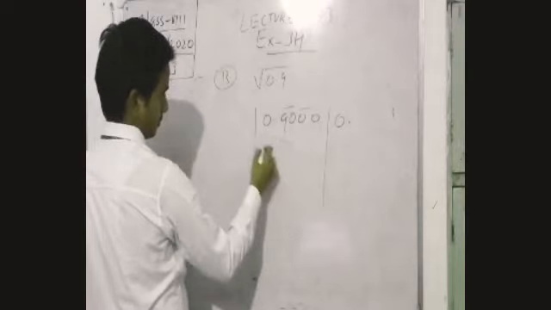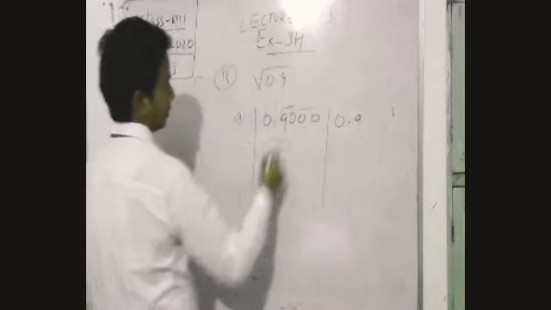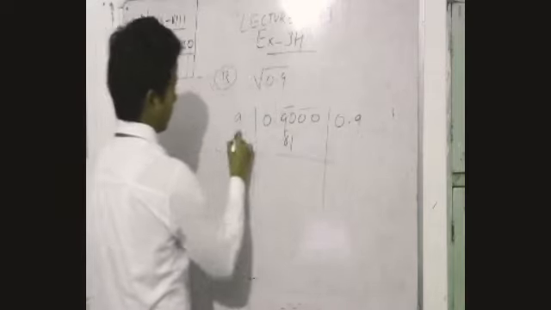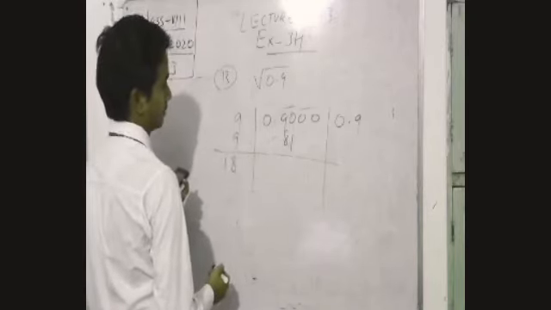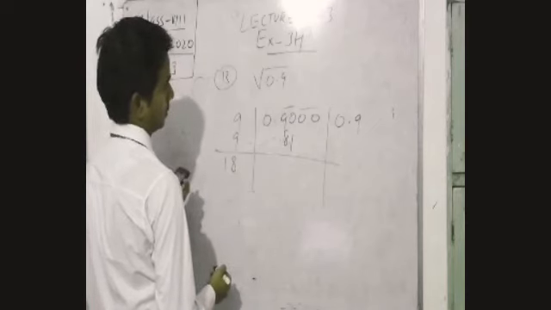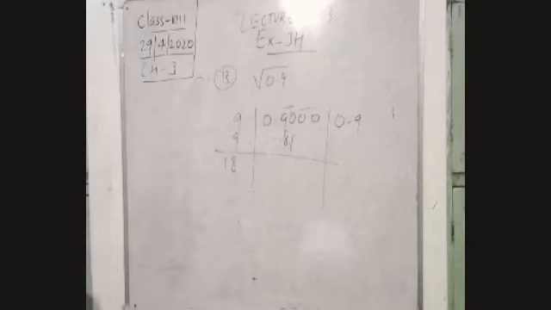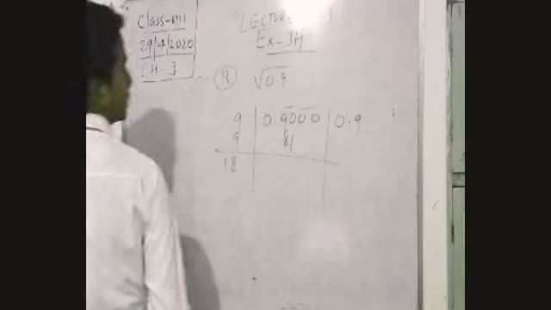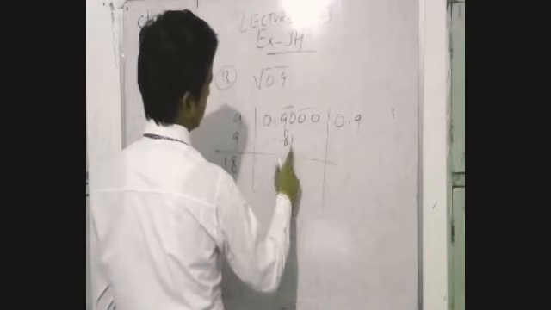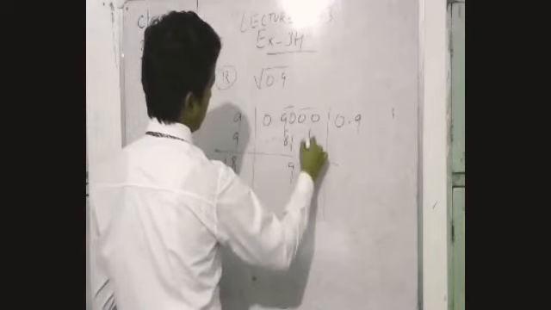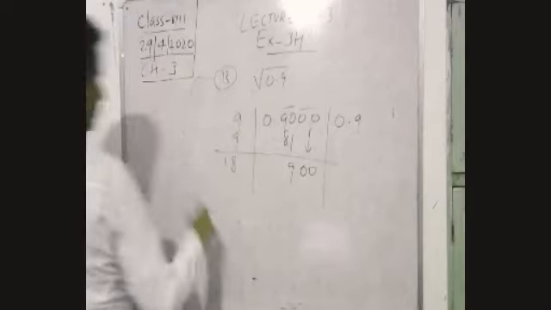Now 9 times, I think 9 9s are 81, 9 9 is 18. What is the difference? 90 minus 81 is 9. 2 zeros will be here.